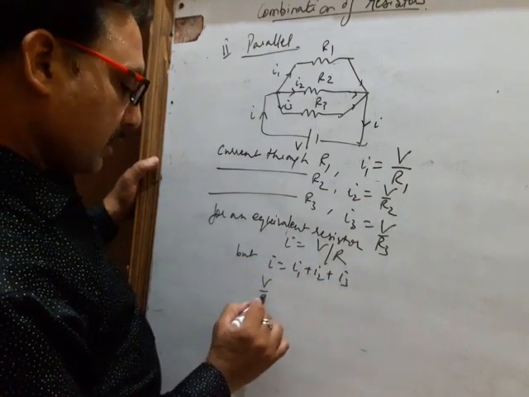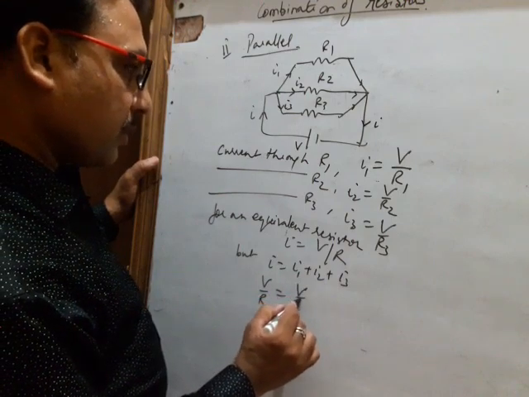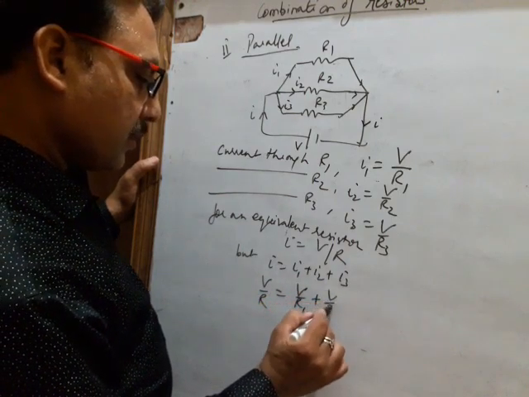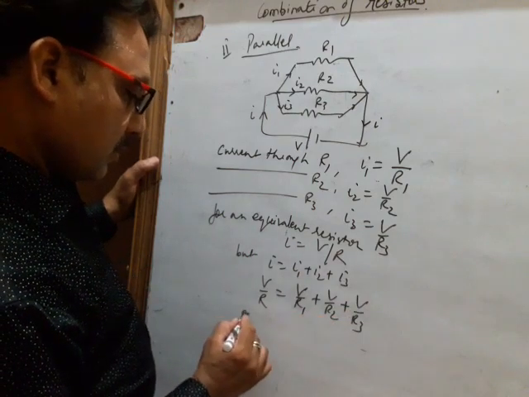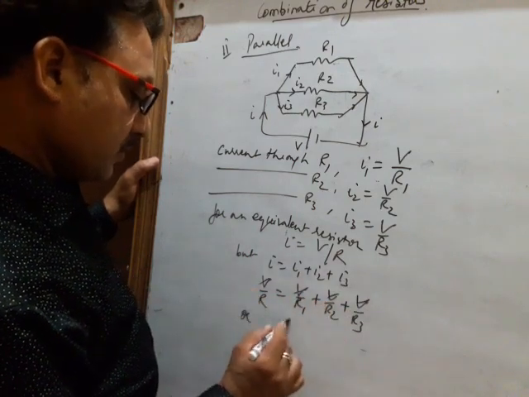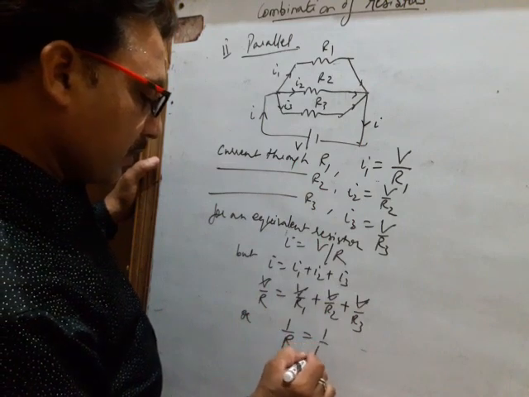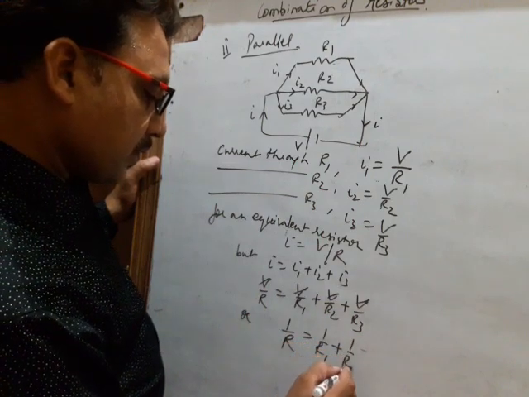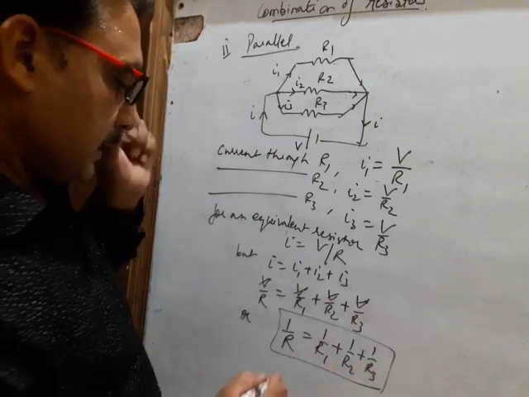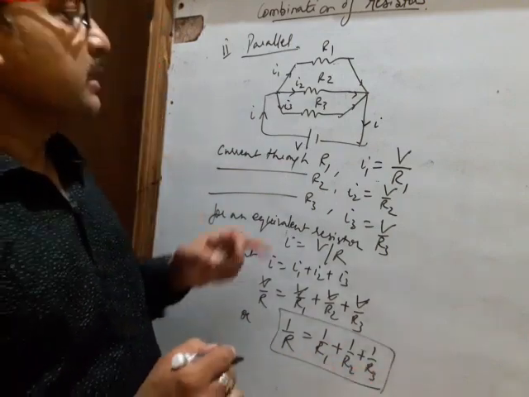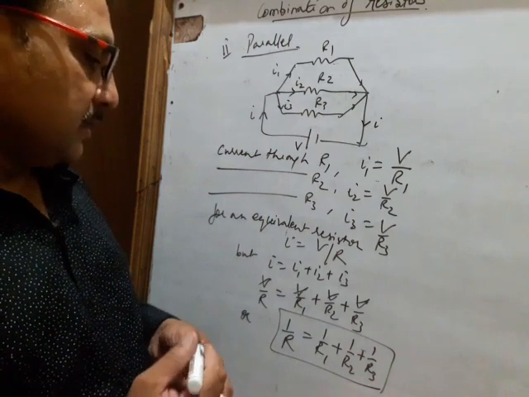So V upon R equal to V upon R1 plus V upon R2 plus V upon R3. This V cancels out. You can say 1 upon R equal to 1 upon R1 plus 1 upon R2 plus 1 upon R3. This is the equivalent resistance for the resistors which are connected in parallel.